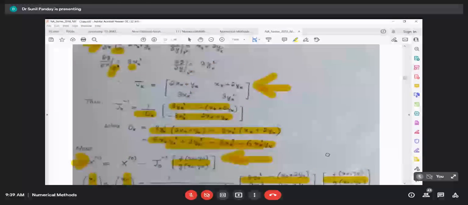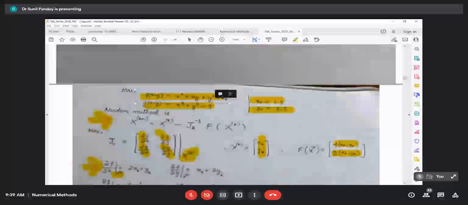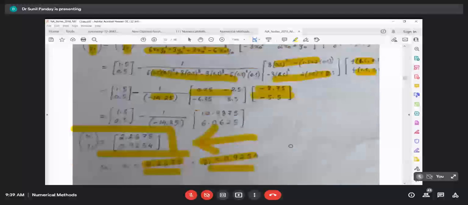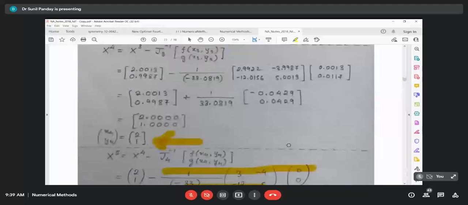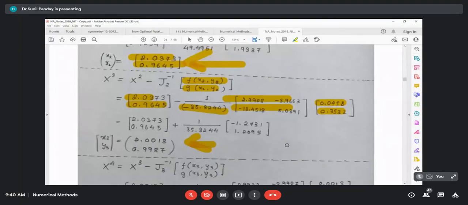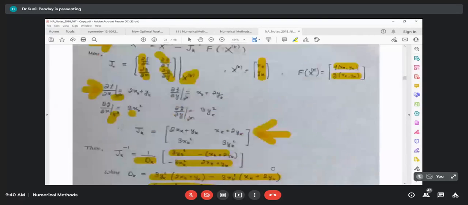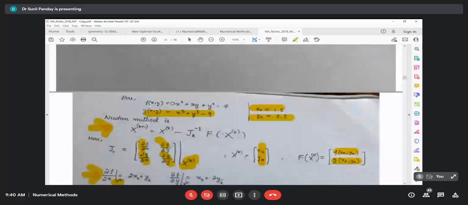If you substitute x equals 2 and y equals 1 here, then 2 raised to power 2 is 4, plus 2 plus 1 is 7, minus 7 is 0.